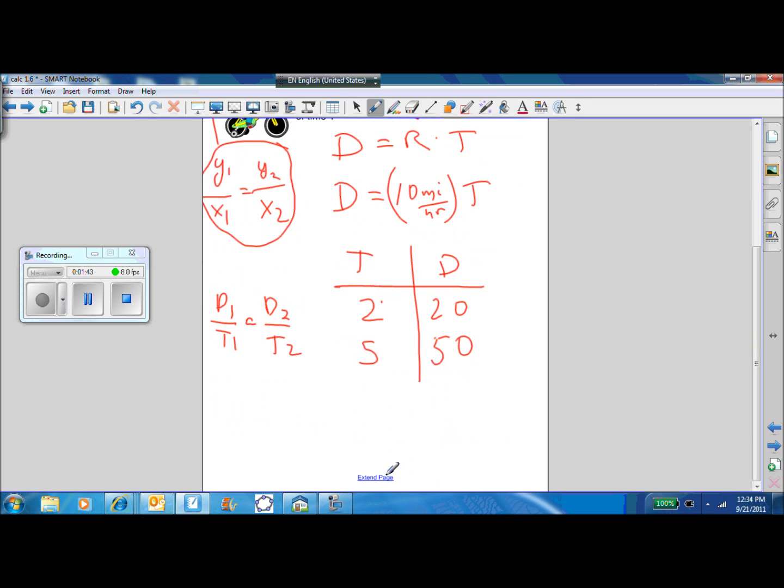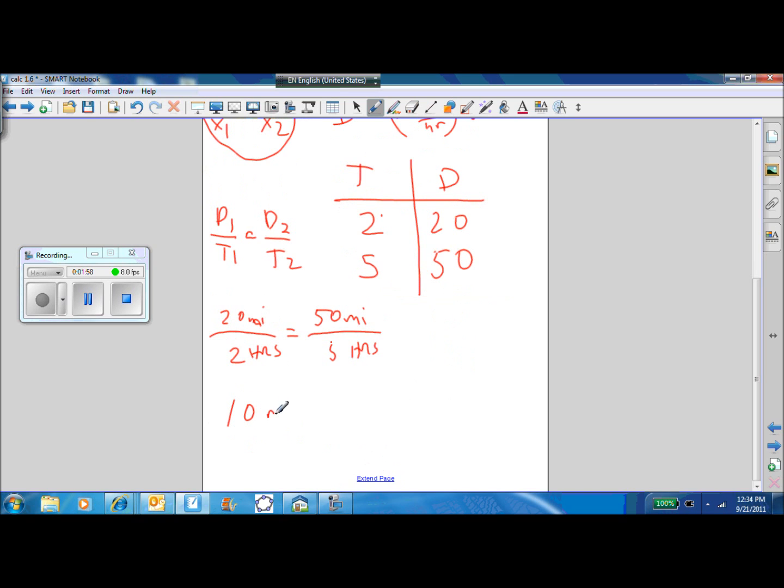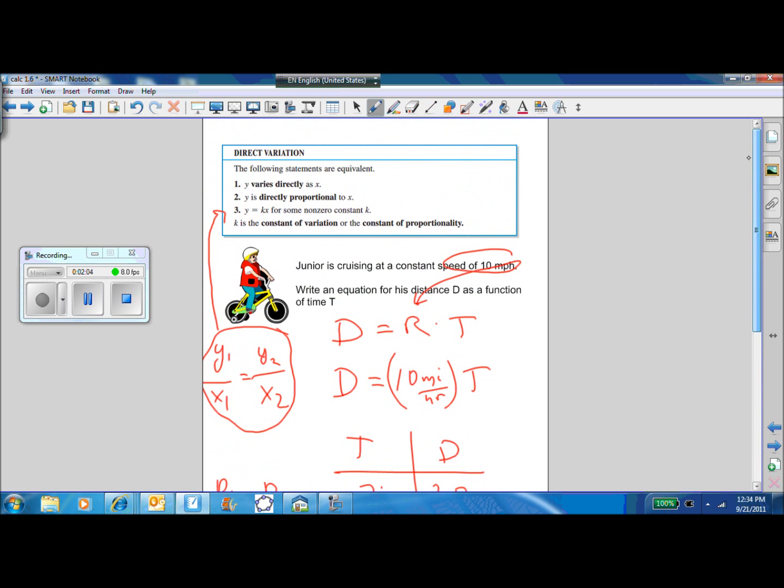So in this example, 20 miles is to 2 hours, as 50 miles is to 5 hours. Notice how they both work out to be basically 10 miles per hour. That's our constant of proportionality. That's an example of direct variation.